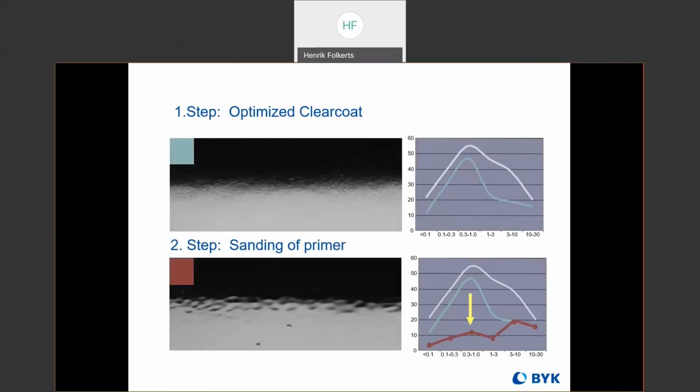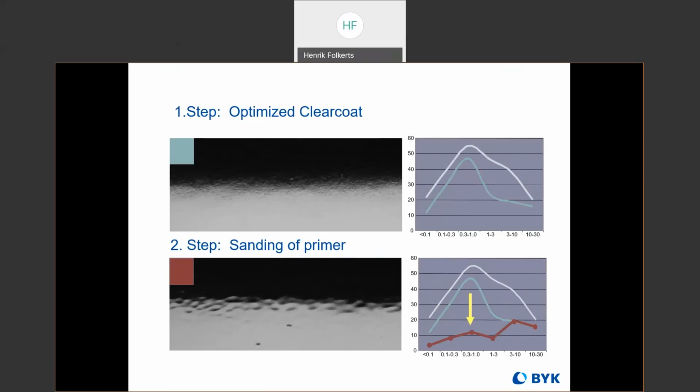But it's still getting this sort of very sandy look with the low DOI. And this is actually the image we saw before, where the long wave has been brought down a bit, but it's still exhibiting a lot of short wave, giving that undesirable look. And so if the primer is now sanded before coating, that's going to bring the short wave way, way down and give us a more brilliant look with better DOI.